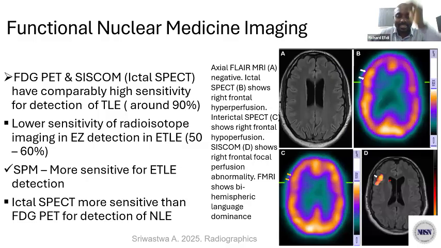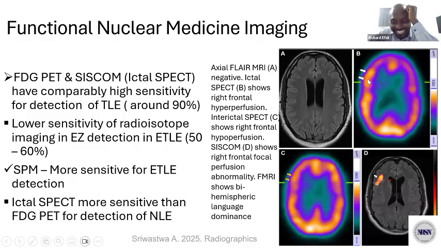So this is another interesting case, a case of drug-resistant MRI negative epilepsy, in which a FLAIR image revealed no epileptogenic focus. But this patient went on to have SPECT.